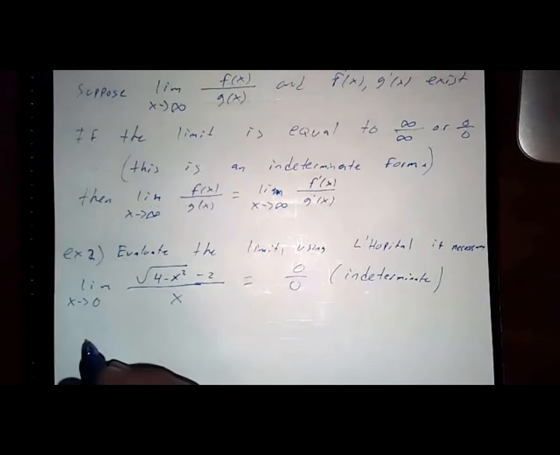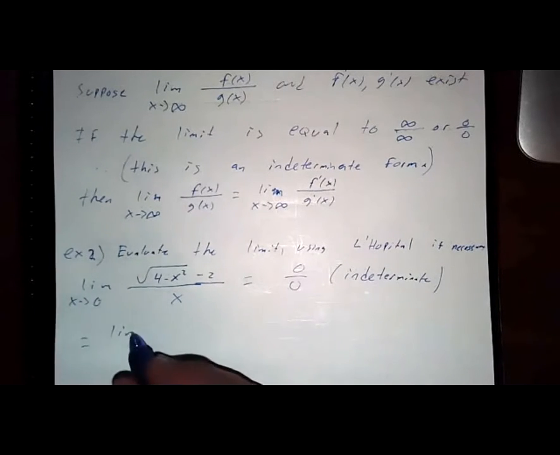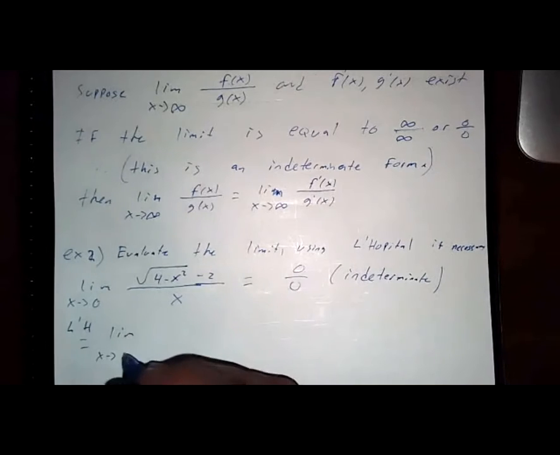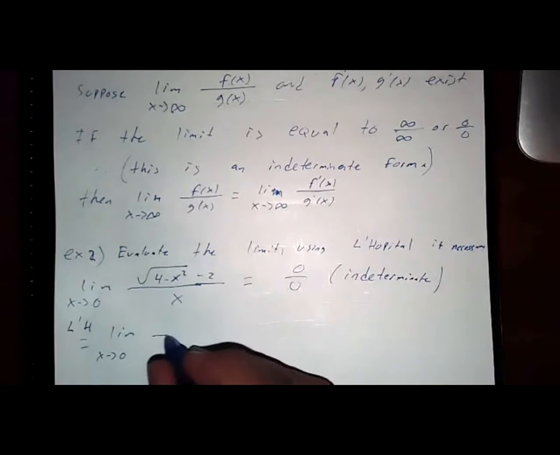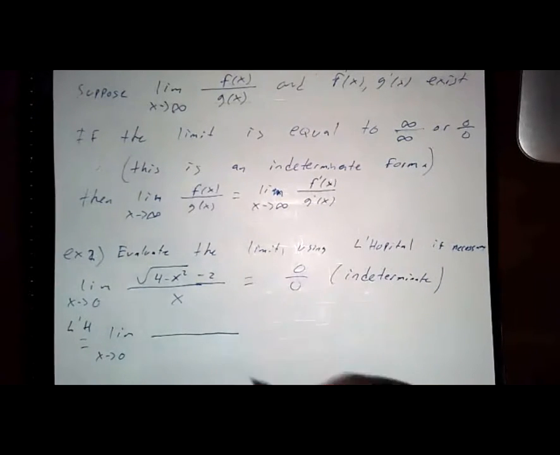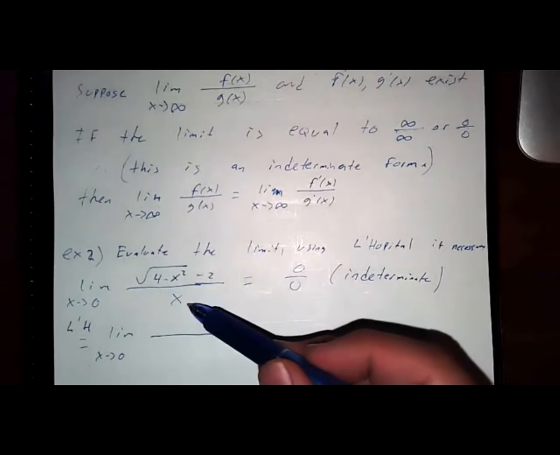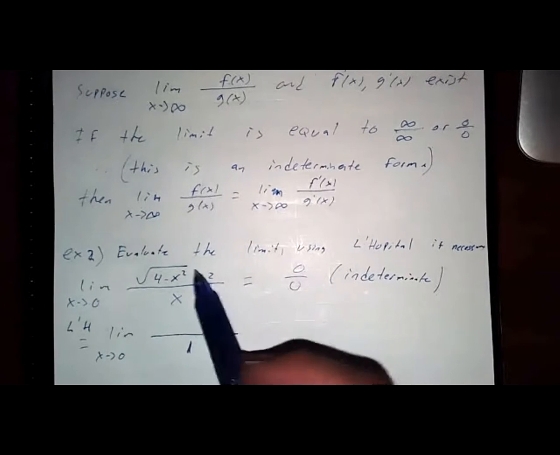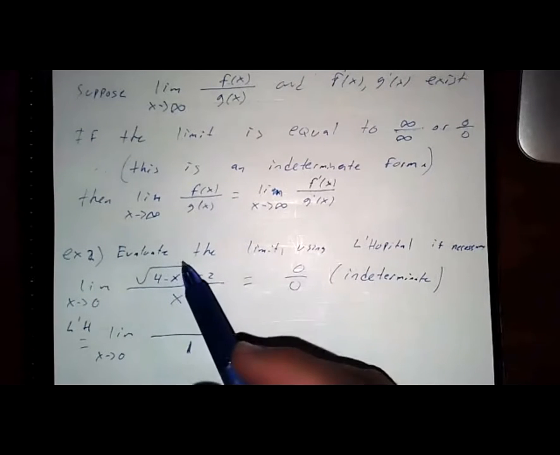So this would be equal to the limit as x approaches 0. I'm going to put a little symbol here that I did L'Hopital. What is the derivative at the bottom? Just the x. 1. Derivative at the top is a little more complicated.